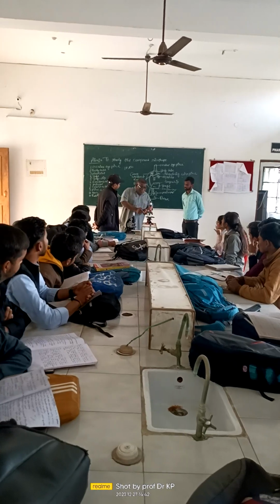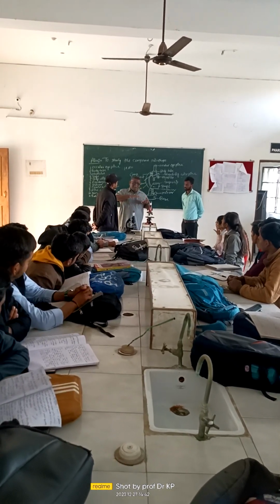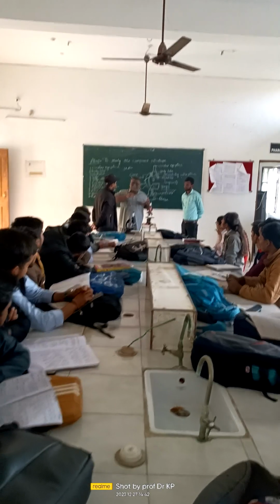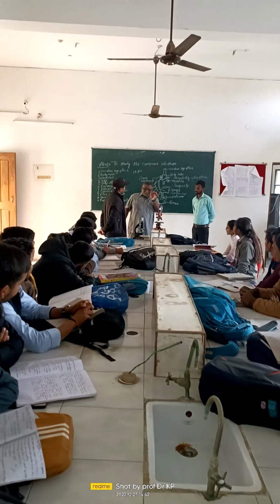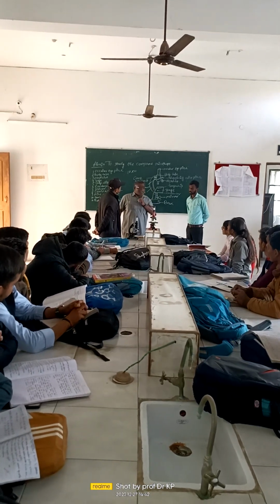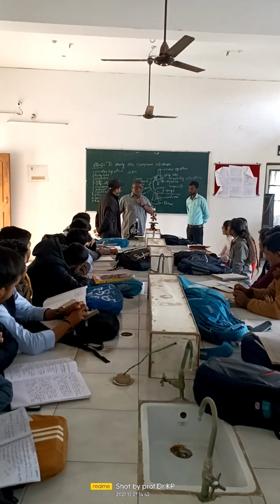If it is going to be 2 centimeter, it becomes 10 centimeter size. If it is 1 millimeter, it becomes 10 millimeter, more or less 1 centimeter. That will be having only one lens, one eyepiece alone. That microscope is called as a dissection microscope.